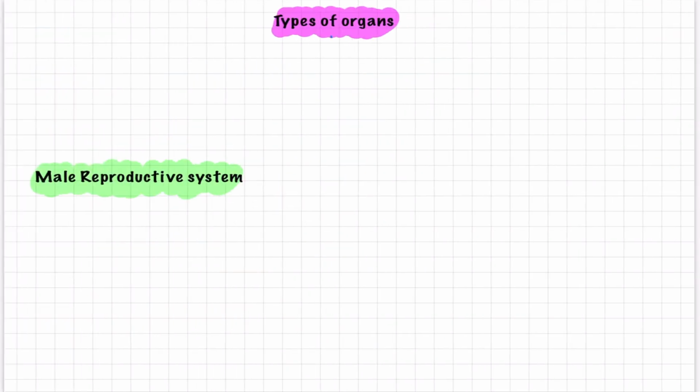Even in secondary school we know there are types of organs. Here the organs means the reproductive organs. Generally we know there are two types: the primary sexual organ and the secondary sexual organ. Many students get confused about the difference, but no confusion will remain once you get the real concept behind it.